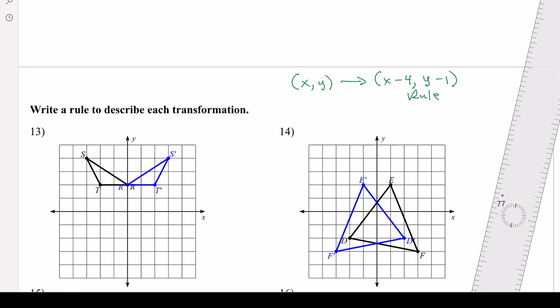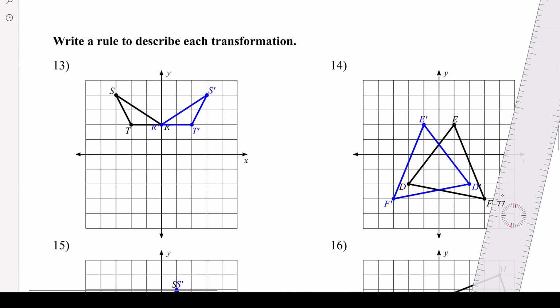That's a rule. Or when we had X and Y and we rotated 180 about the origin, the rule says that you just multiply both the X and the Y by -1. All right, so that's what it means by write a rule.